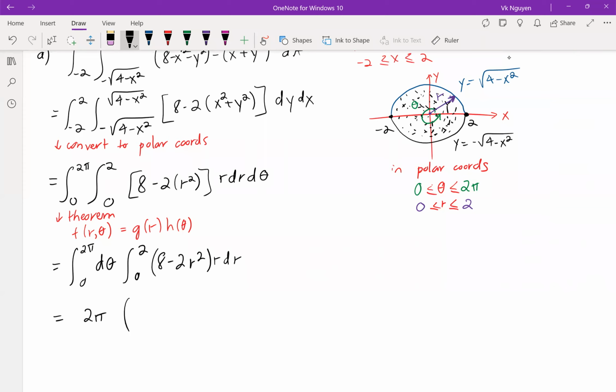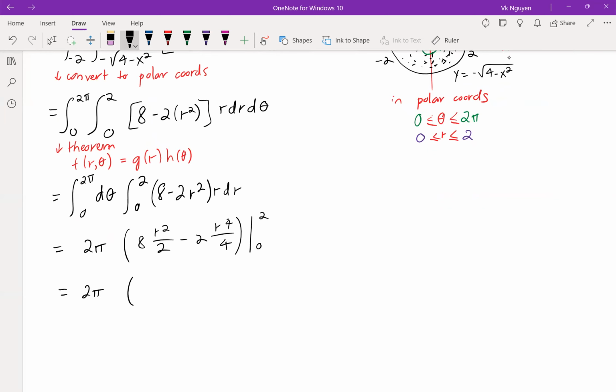So it can be r squared over 2 minus r to the 4th over 4, from 0 to 2.